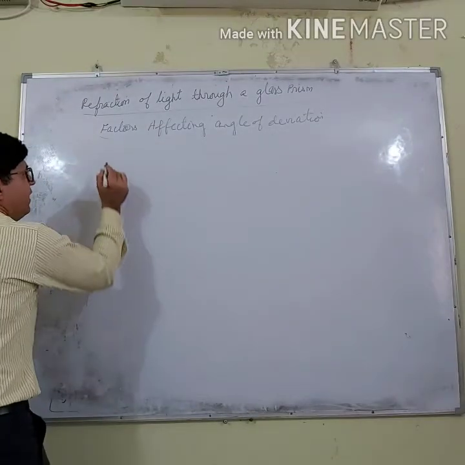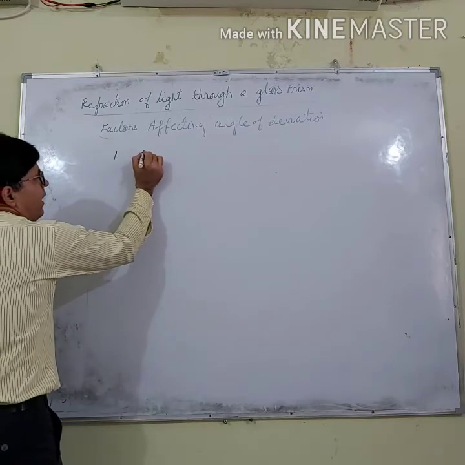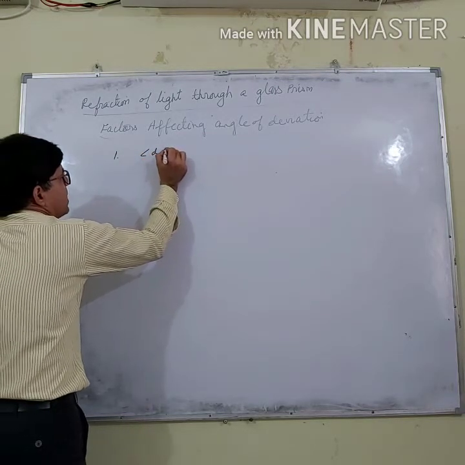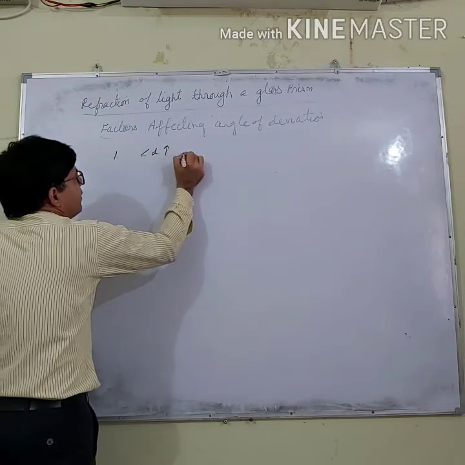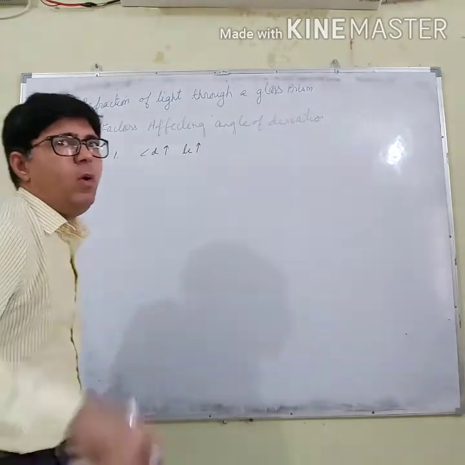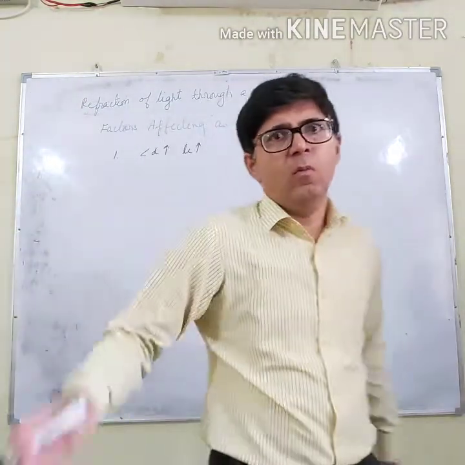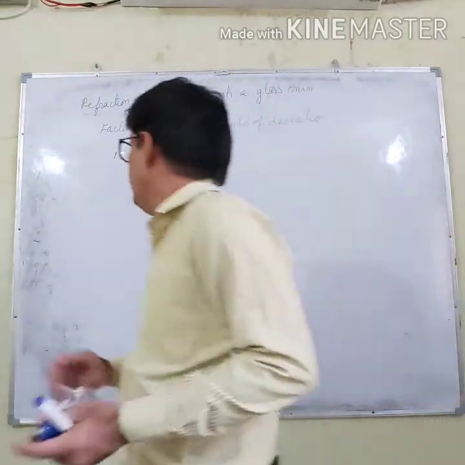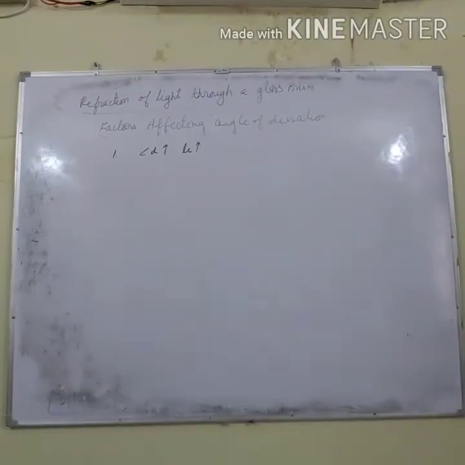The first factor is that the angle of deviation increases with an increase in refractive index. The more the refractive index, the more the angle of deviation.